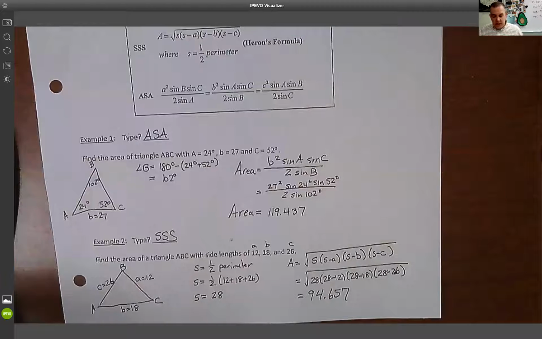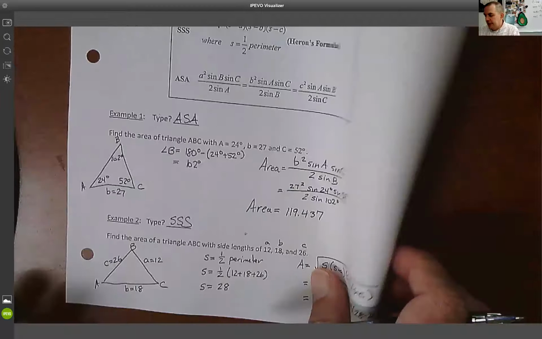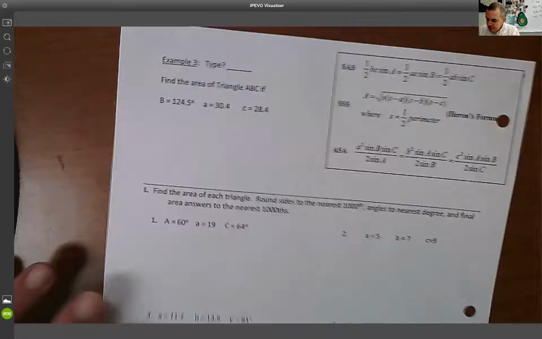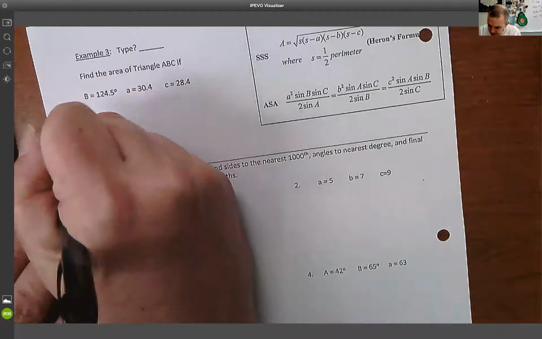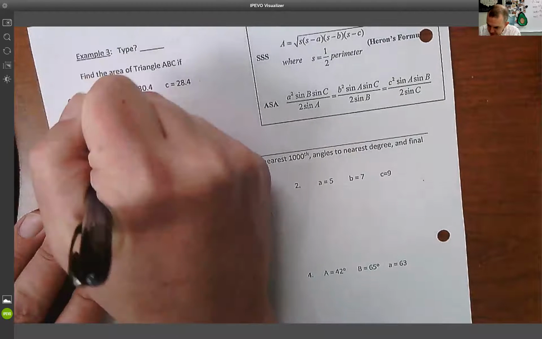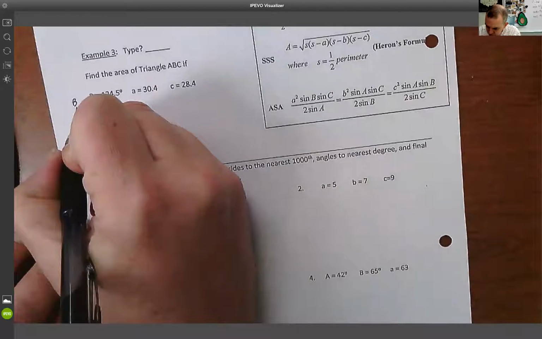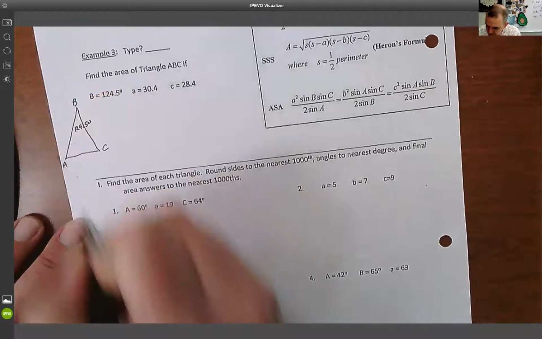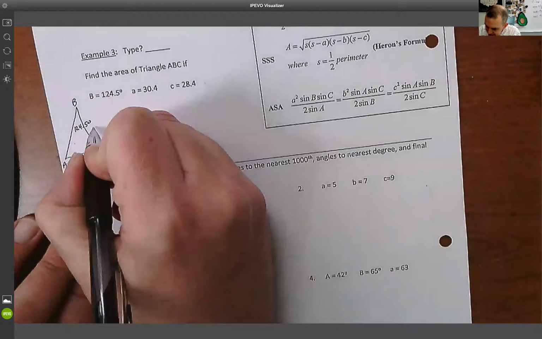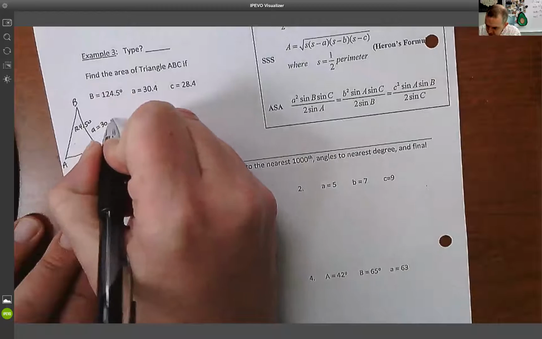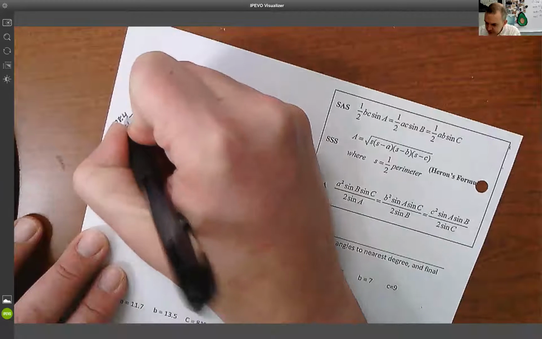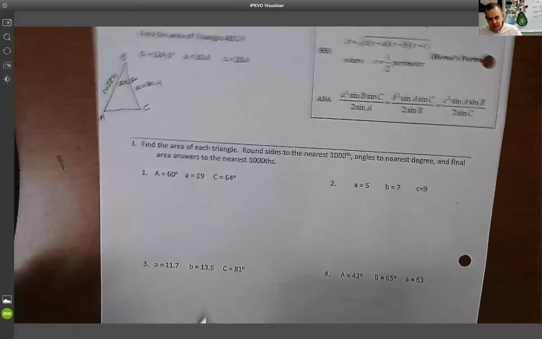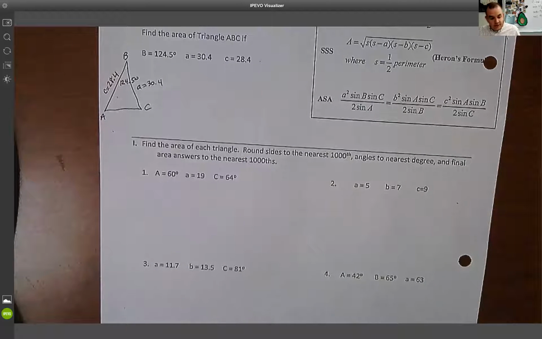The last way we can do it is, again, figuring out what we have. We've got a triangle, A, B, C, but in this case B is 124.5 degrees, side A is 30.4, and side C is 28.4. So what we have is a side, angle, side.